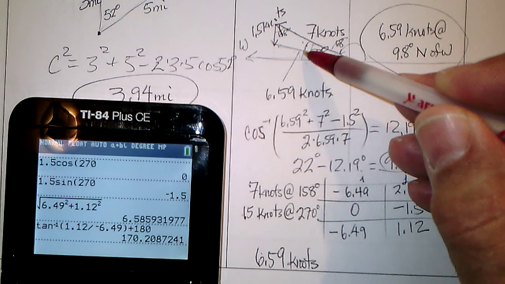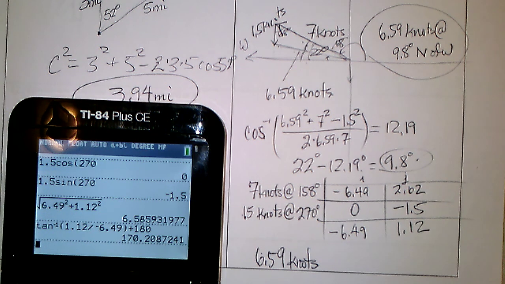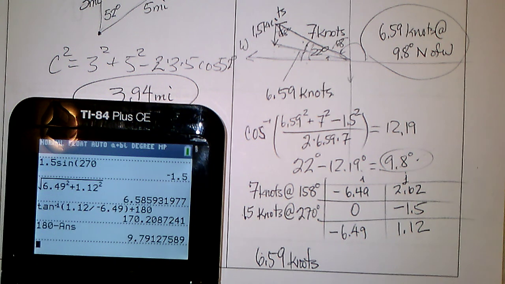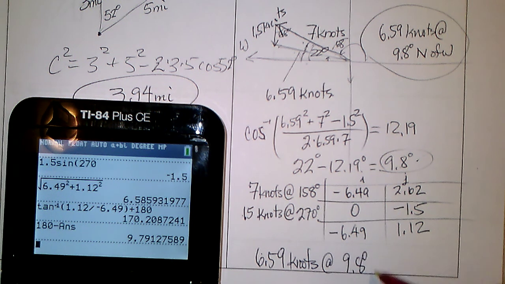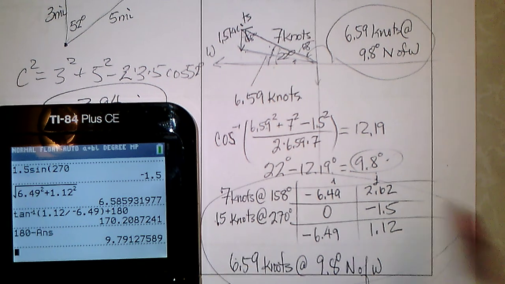So if I want to do it off of this, it'd be 180 minus my answer, and it's at 9.8 degrees north of west. Same answer we had up there. Okay? So you got two ways you can do that.